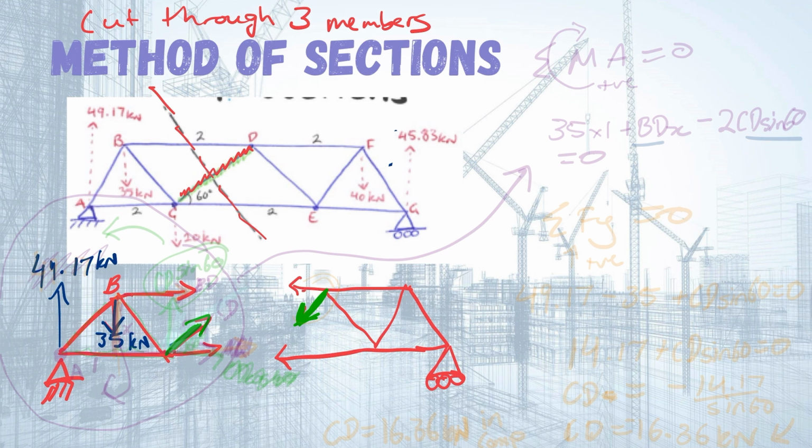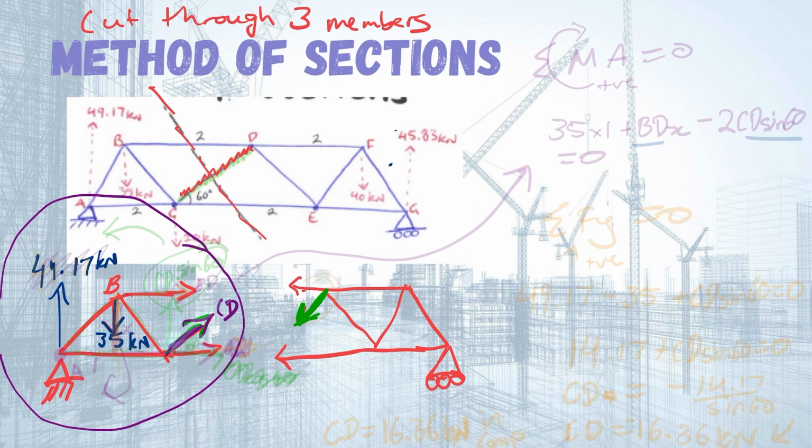So let's take, for example, if we wanted to use this section to find out our reaction force, so this one here, we want to work out what the nature and force is in CD.